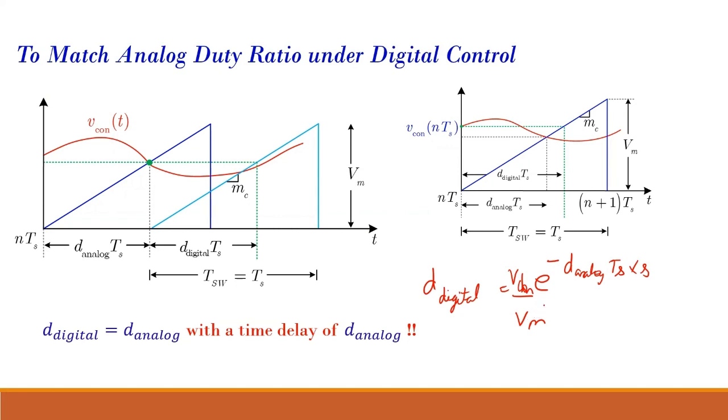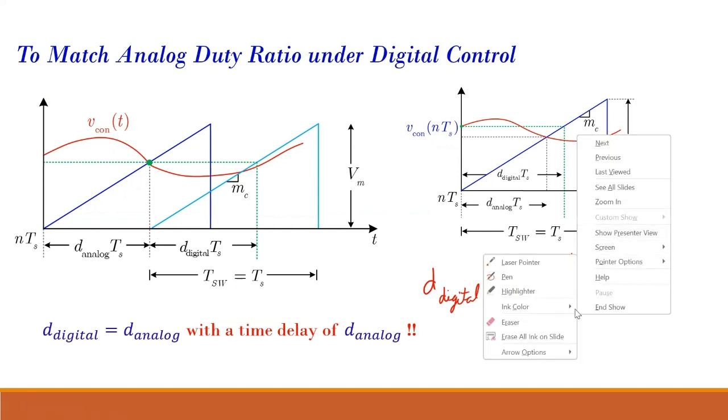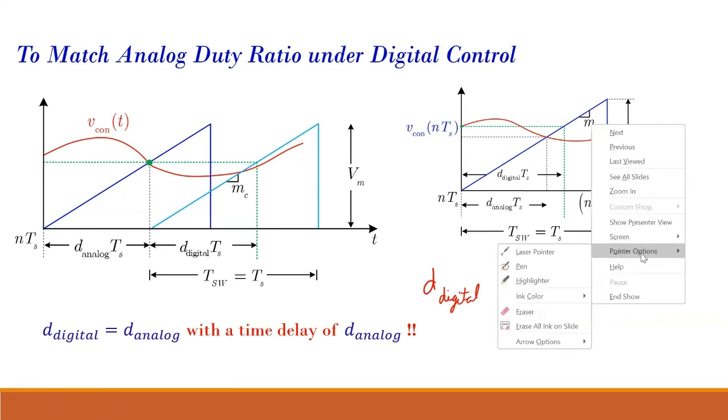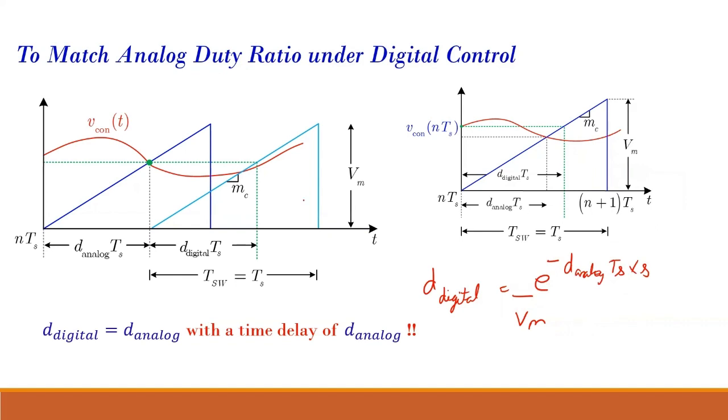So this is equal to Vcon upon Vm. So this is the one in analog domain, and then we just get an additional delay in digital domain. Okay. Any doubts in this? No, sir, no doubt. Okay.